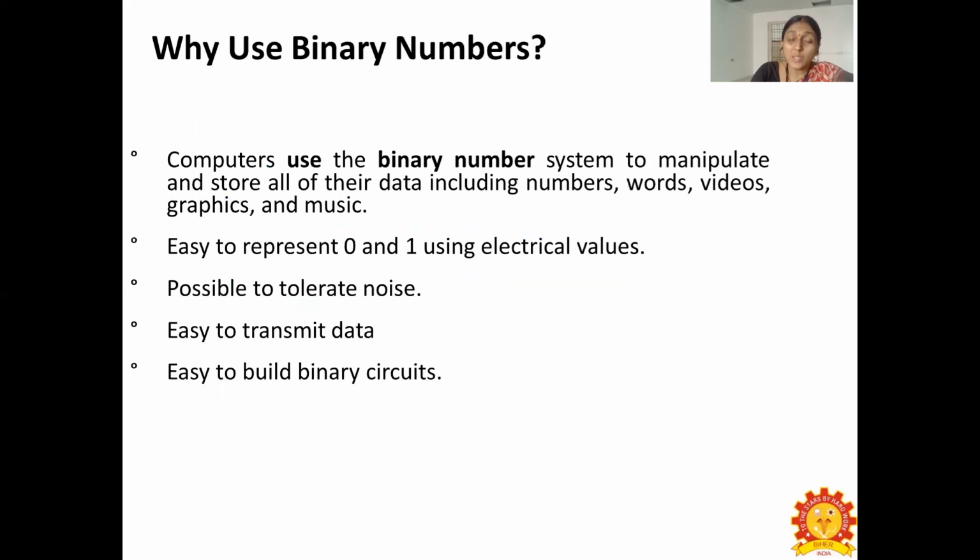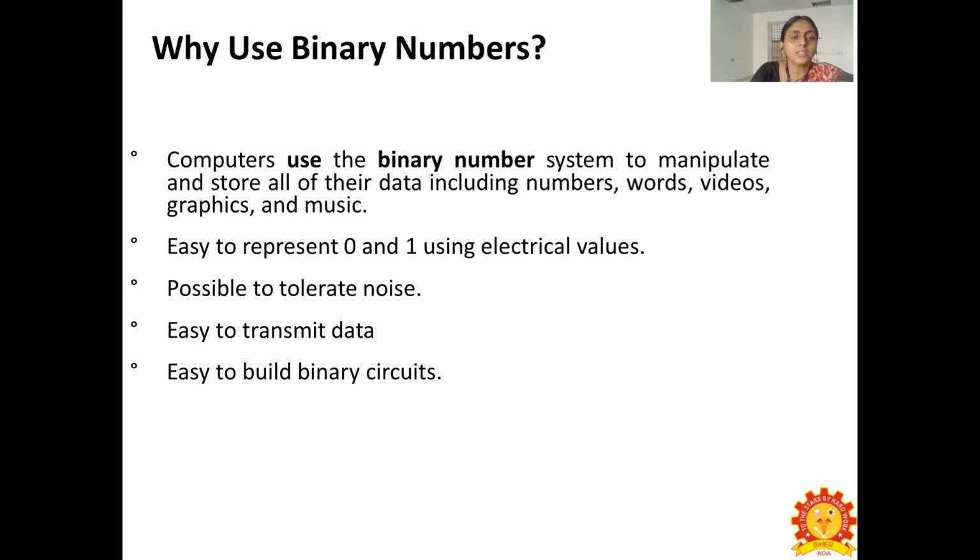And now we will see why we use binary numbers. Computers use the binary number system to manipulate and store all of their data, including numbers, words, videos, graphics, and music. It is very easy to represent 0 and 1 using electrical values.